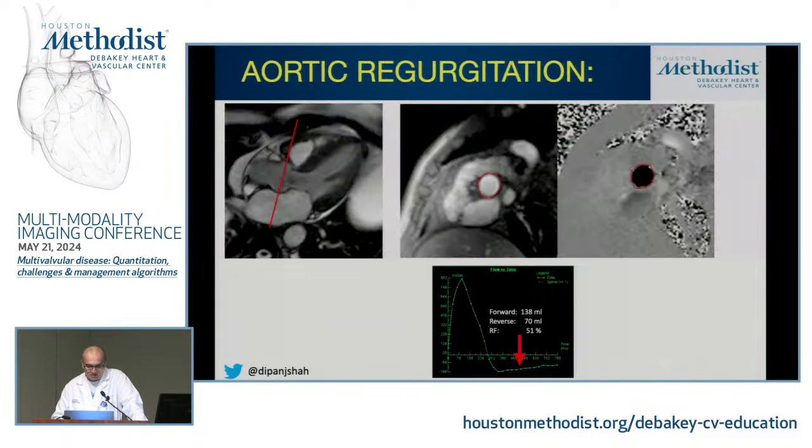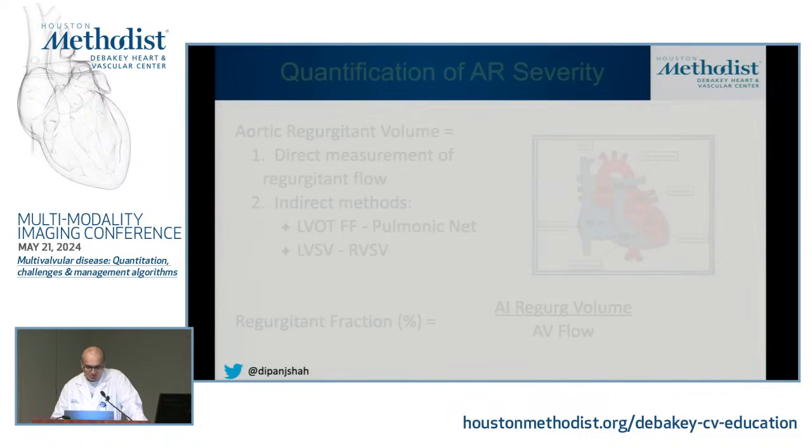What I mean by that: for aortic regurgitation, obviously, the preferred way is to try to directly quantify the severity of the regurgitation, where you can do a phase contrast imaging plane above the aortic valve level and then measure what the direct retrograde flow is in diastole. That's a great method because you've got a direct single assessment of the aortic regurgitation flow.